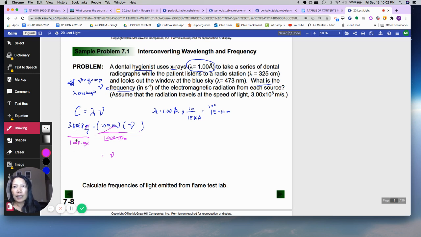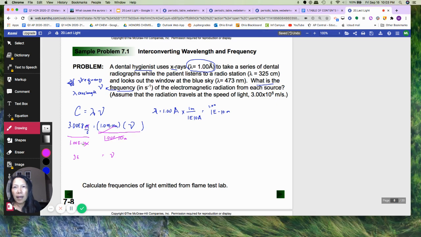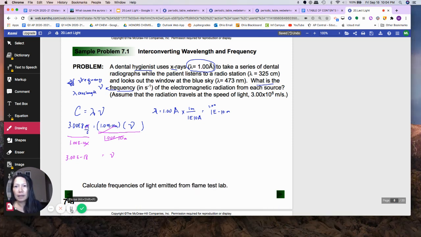You go 3E8 divided by 1E negative 10. Oh, I'm sorry, this should be 3 sig figs, 3.00 E, and the exponent, let me check. Okay, 3 sig figs.